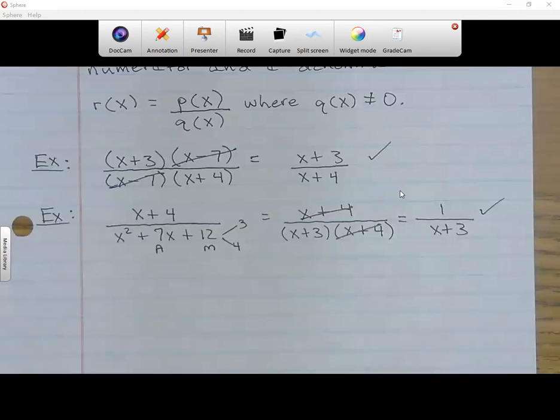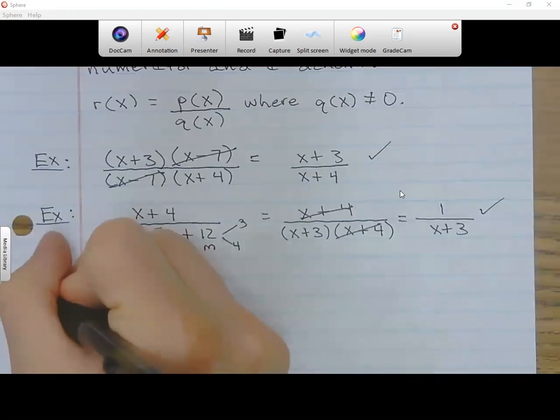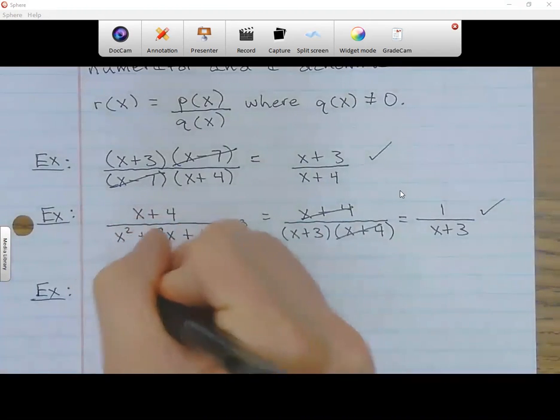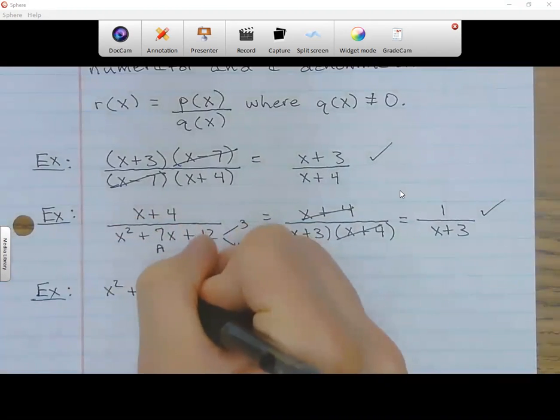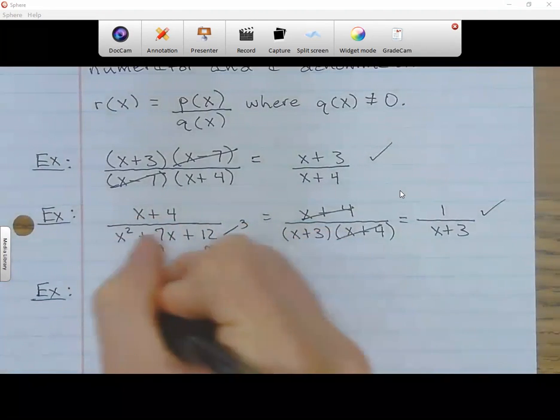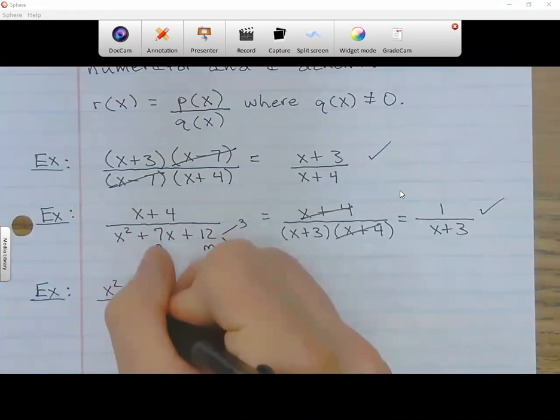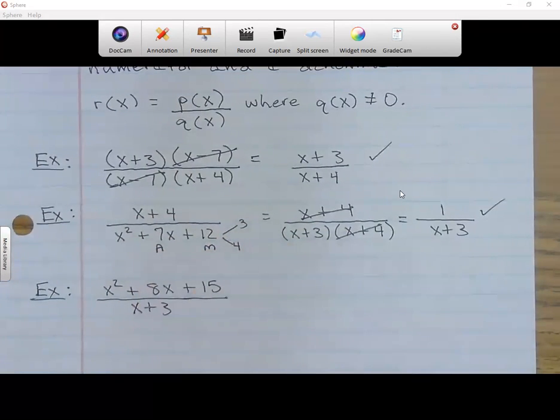Okay. Let's try number 3 on the notes. All right, I have x squared plus 8x plus 15, and then on the bottom, I have x plus 3. Can I do anything to the bottom?